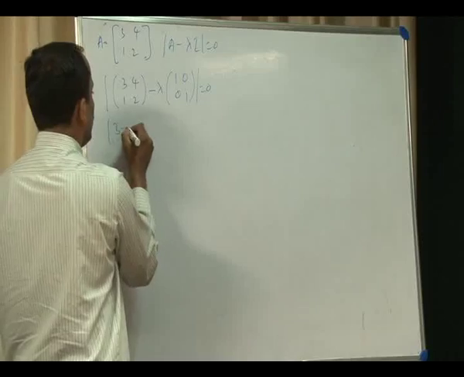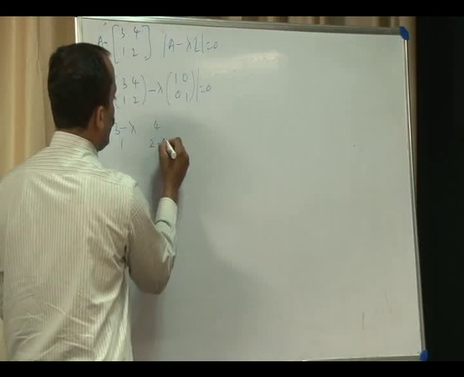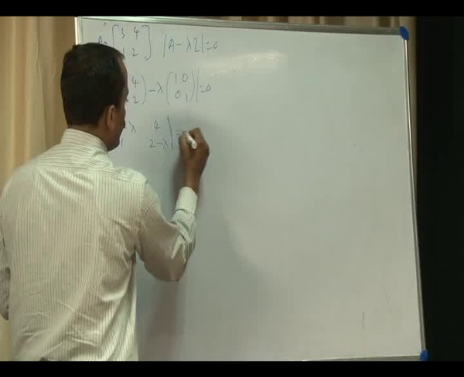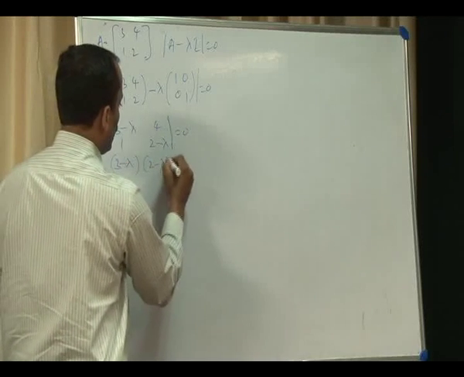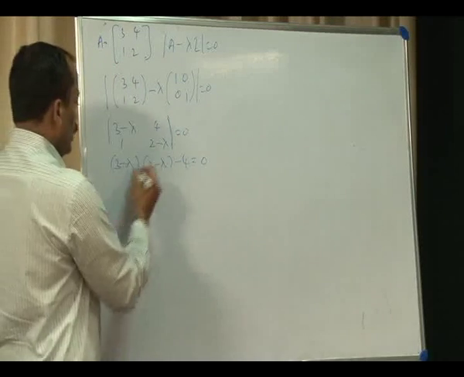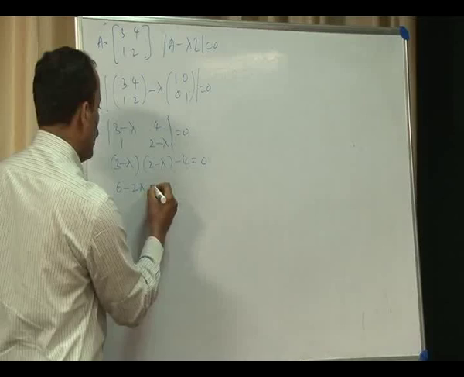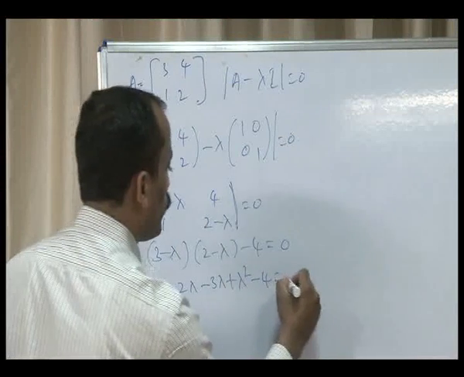It becomes the determinant of [3 minus lambda, 4; 1, 2 minus lambda] is equal to 0. Therefore, (3 minus lambda) into (2 minus lambda) minus 4 is equal to 0. So, 6 minus 2 lambda minus 3 lambda plus lambda squared minus 4 is equal to 0.